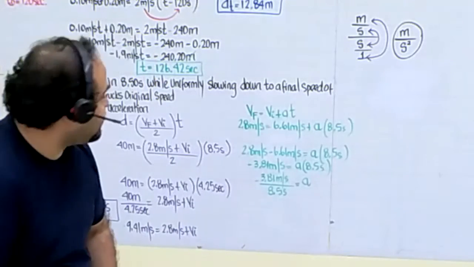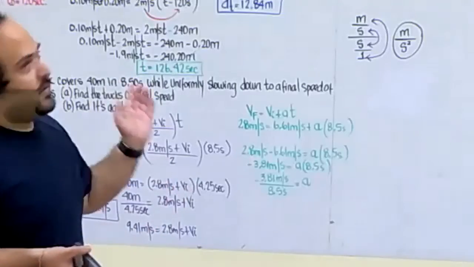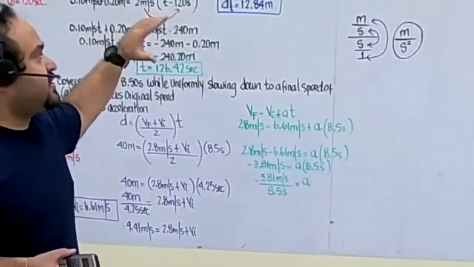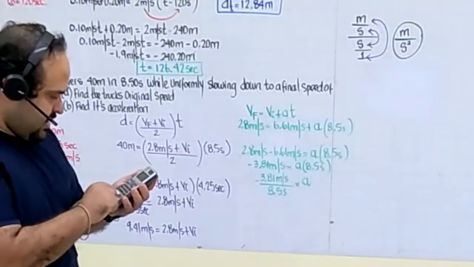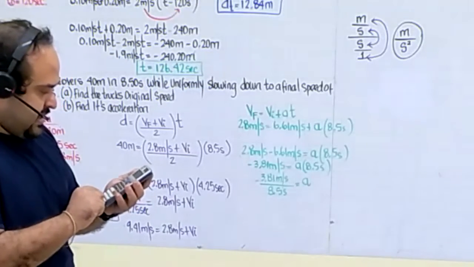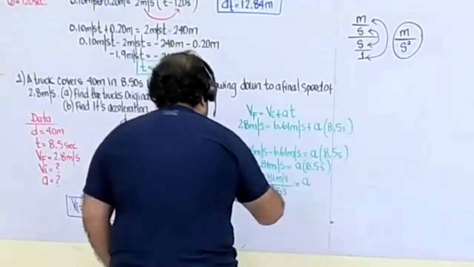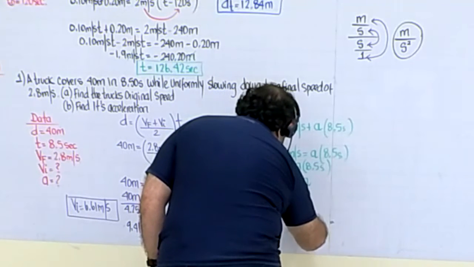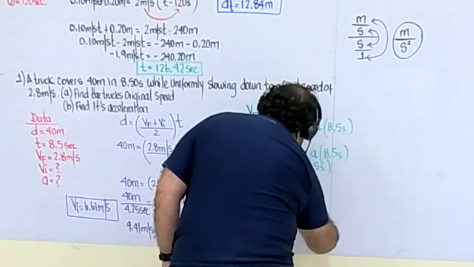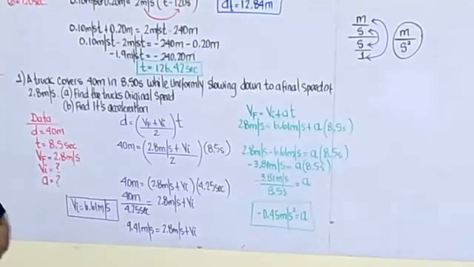And if you check your notes, the unit of acceleration in the international system is meters per second squared, and in the British system it is feet per second squared. Well, dividing this equation by 8.5, the answer will be negative 0.45 meters per second squared. And this is the acceleration.